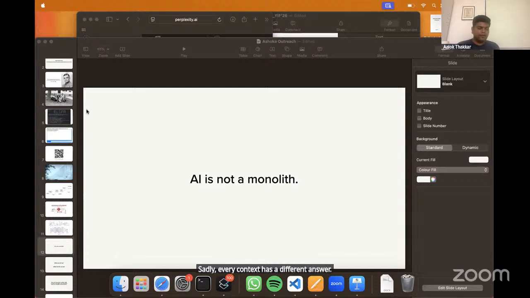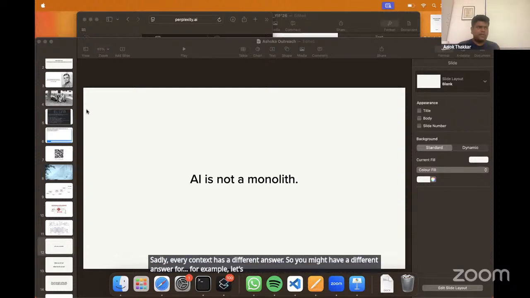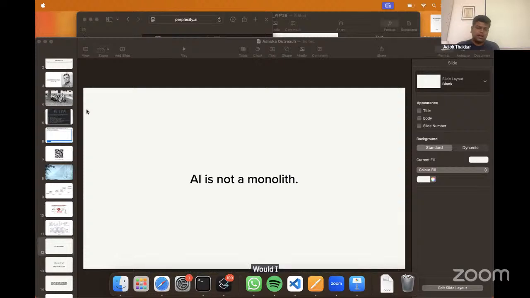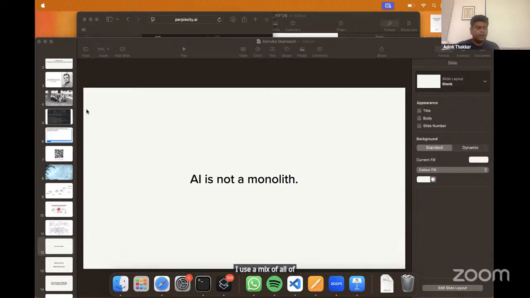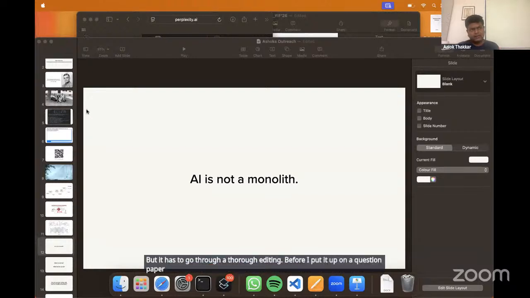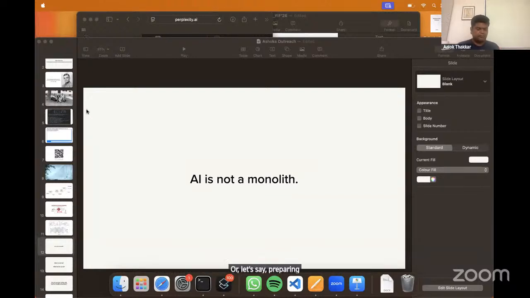So you might have a different answer, for example, when I'm designing a test. Would I use AI to create the problem sets, or would I refer to many textbooks, or would I sit and think and make up problems? I use a mix of all of them. It's okay to use a mix of all of them, but it has to go through a thorough editing before I put it up on a question paper for a test, or let's say preparing some other material for my research.